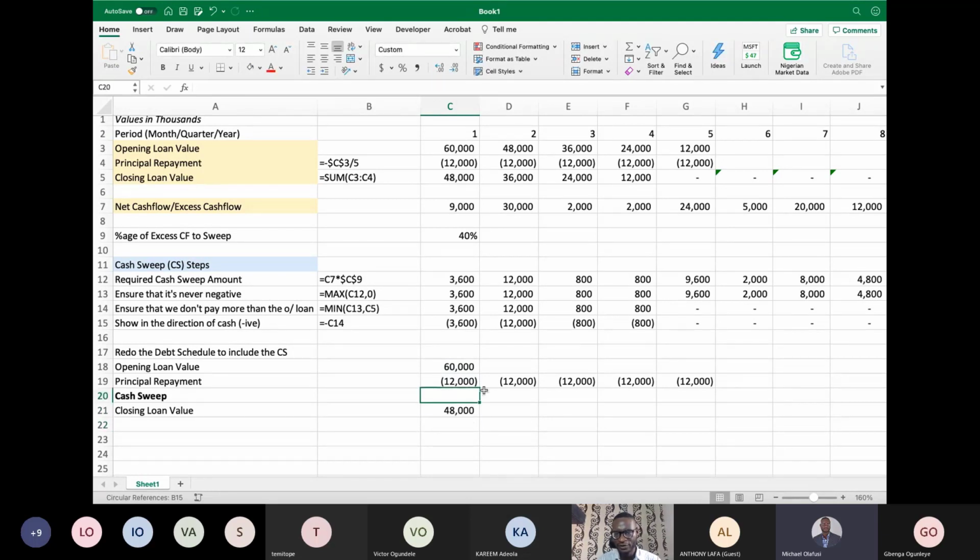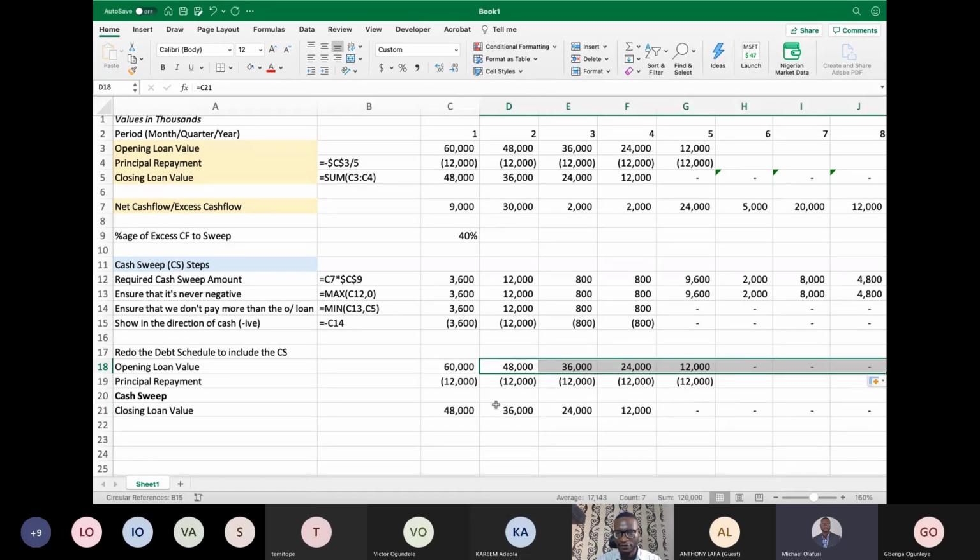So when cash sweep is 0, you will see that pretty much everything looks similar to number 1. So everything starts to look kind of the same. I drag this here. Okay. So you see that it looks very much like what we have here.